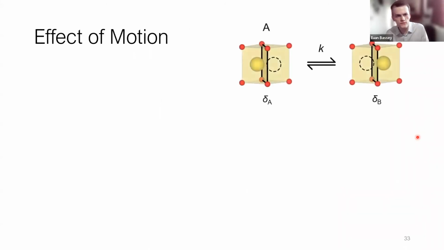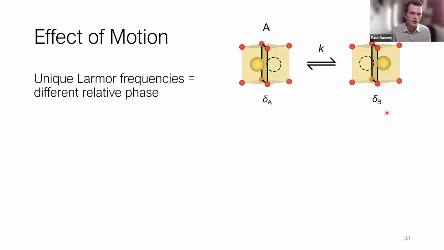Let's take, for example, the idea of having two environments, one called A and one called B, and they have distinct chemical shifts, delta A and delta B. If they have distinct chemical shifts, that means they have unique Larmor frequencies, and therefore relative to the bulk nuclear magnetization of the sample, they will have a different relative phase.